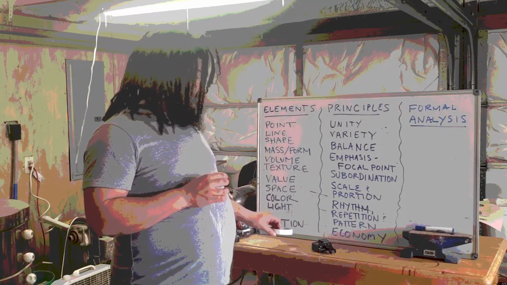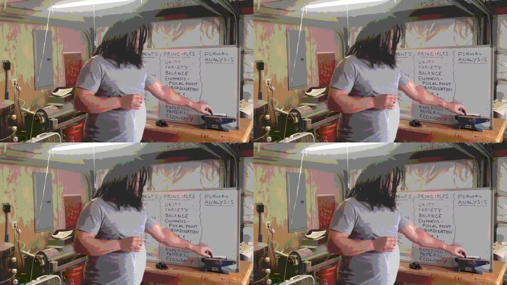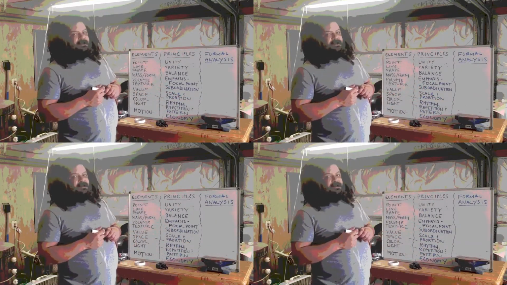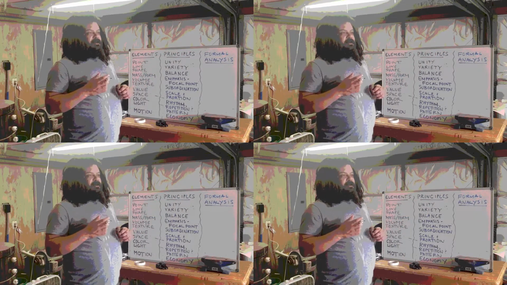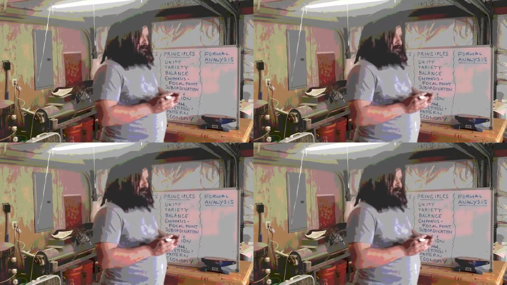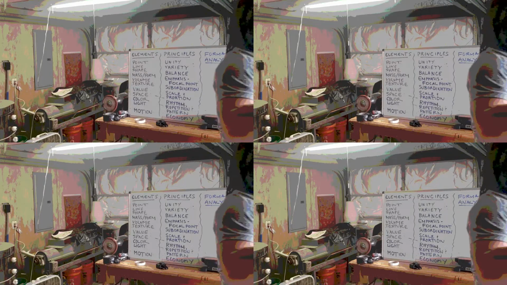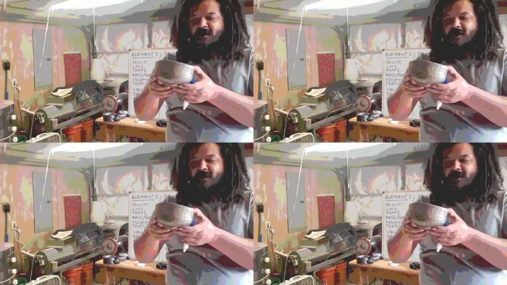So from there, we run into this other thing called the formal analysis. And the formal analysis is a special and important concept. So I'm going to step off the camera here for a second and grab an object and try to hold it up to the camera.